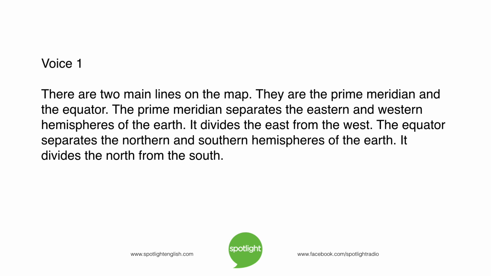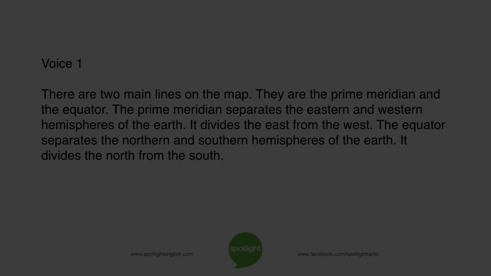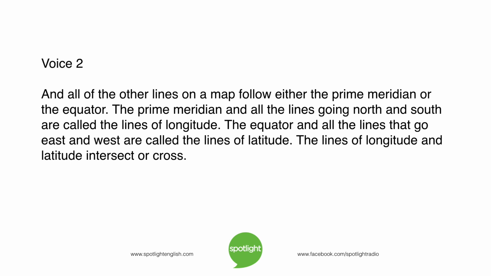The equator separates the northern and southern hemispheres of the Earth. It divides the north from the south. And all of the other lines on a map follow either the prime meridian or the equator.